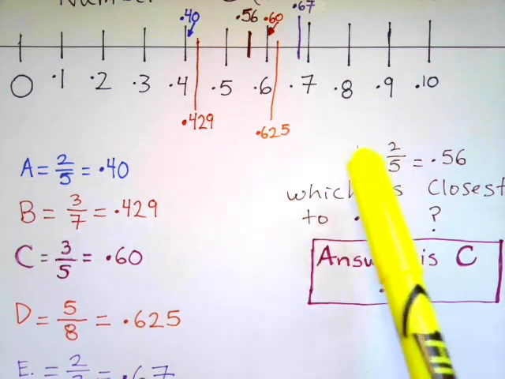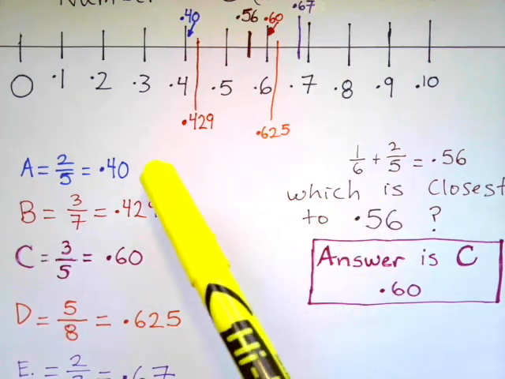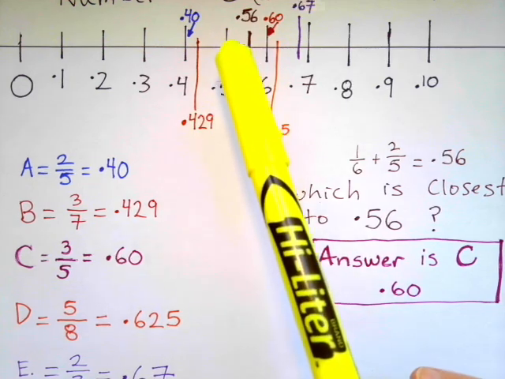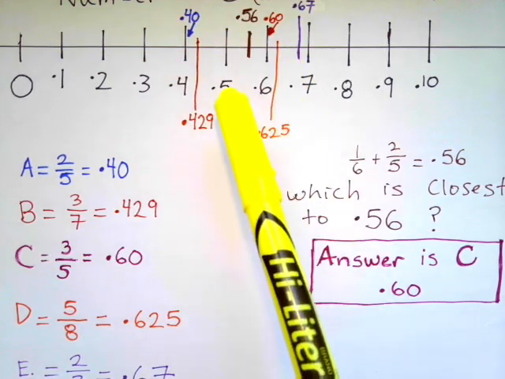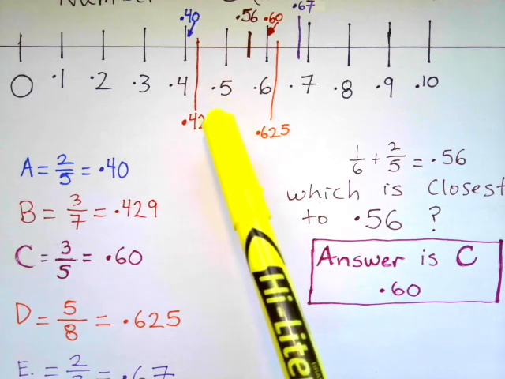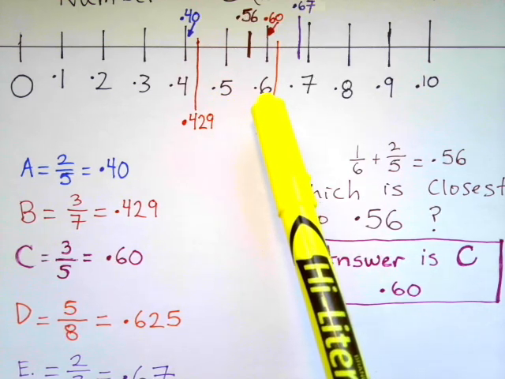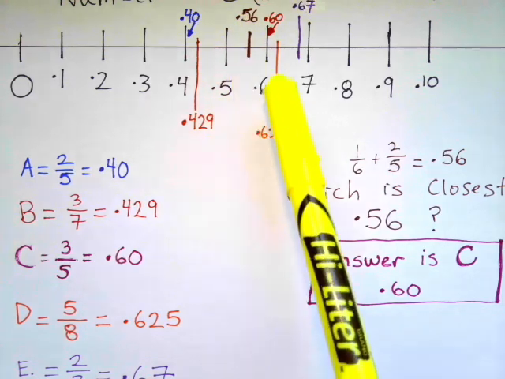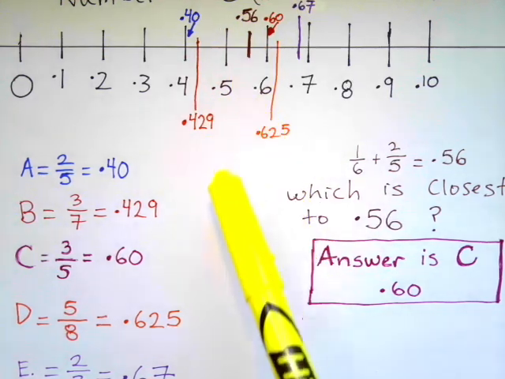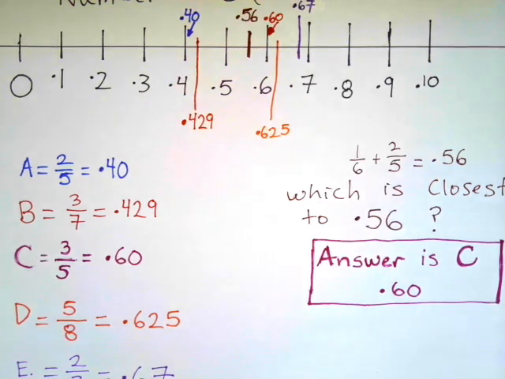So our value of 0.56, or what I'm calling 56 cents, would be almost right in the middle of 0.5, 50 cents, and 0.6 or 60 cents. So you can see here 0.56 will be closest to 0.60. That answer would be C. Pardon my language.